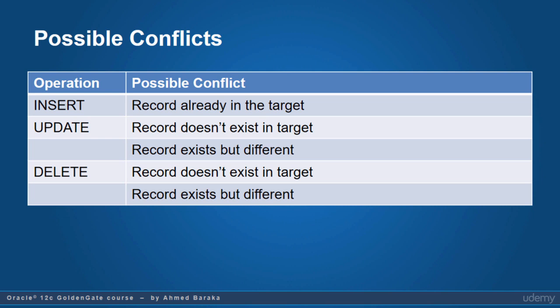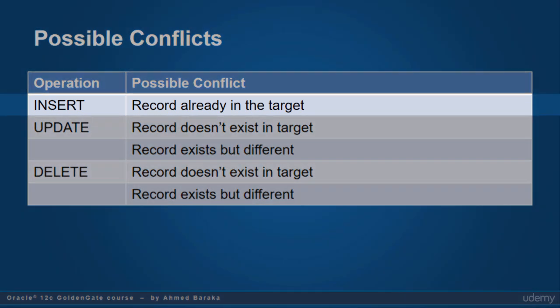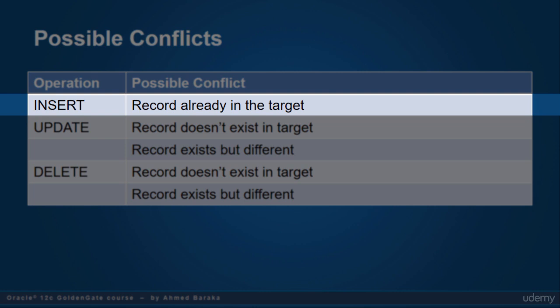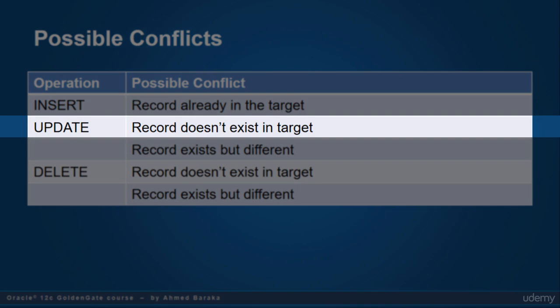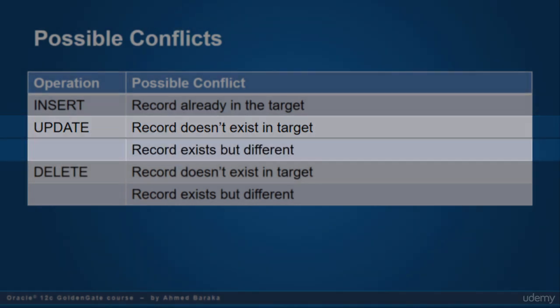Following are the possible conflicts that could take place in a bidirectional configuration. One possible conflict is that the replicate may insert a record that is already existing in the target database. Another possibility is that it may try updating a record that doesn't exist in the target database.